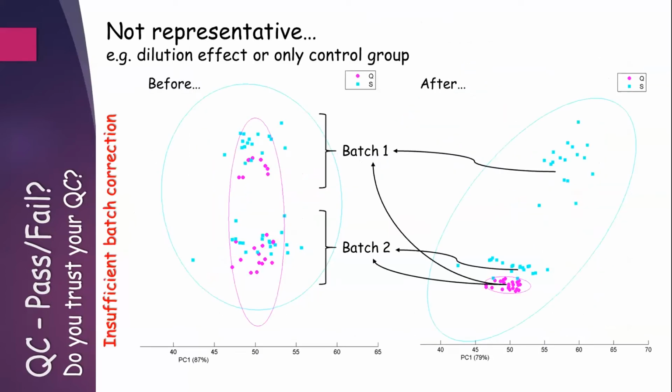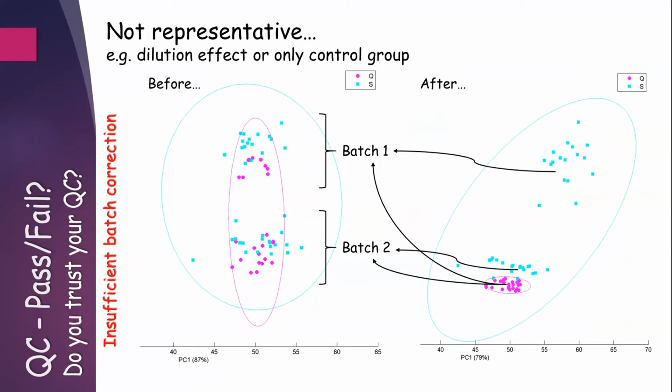Okay, then like the previous slide said, once you've done any correction, you have to check it again. You can't just correct and continue on with your life. So this scenario was unfortunate, but true. It was a pooled QC, and the QC didn't have sufficient power.